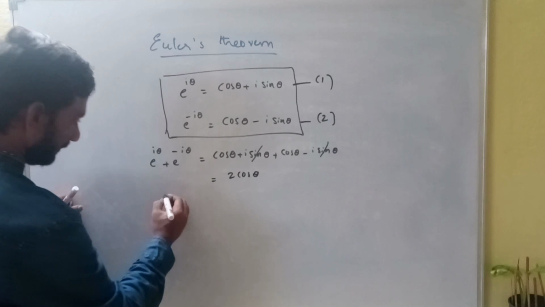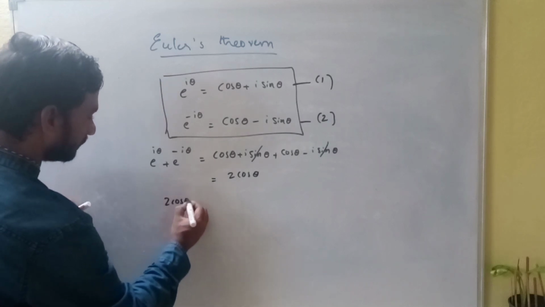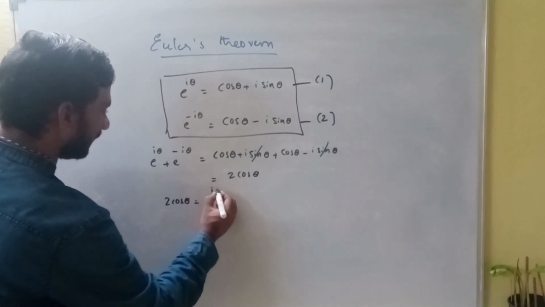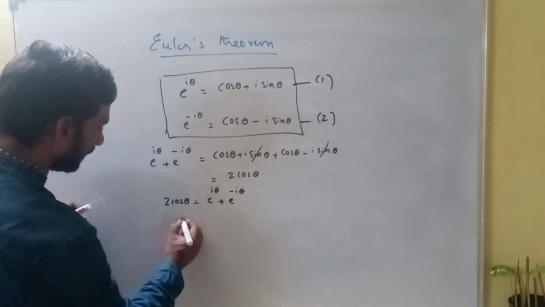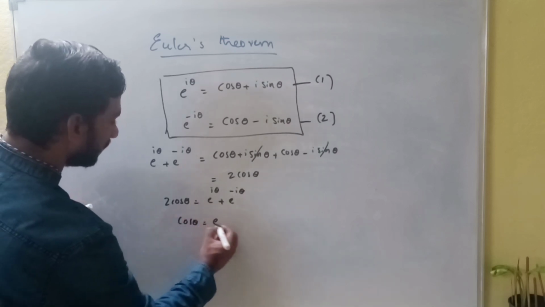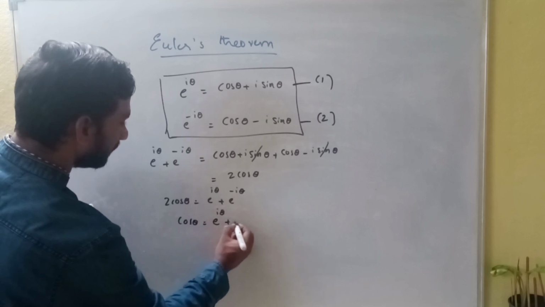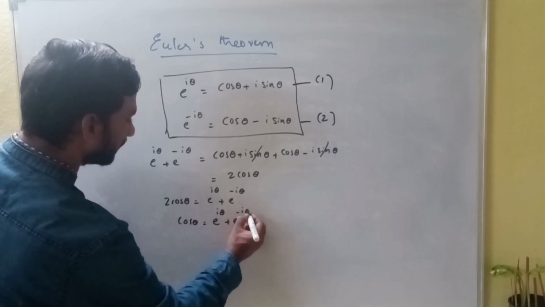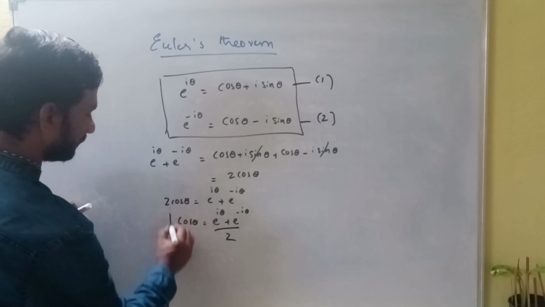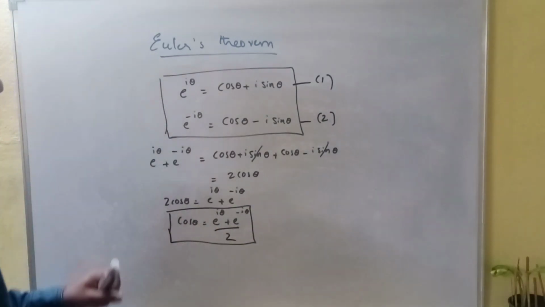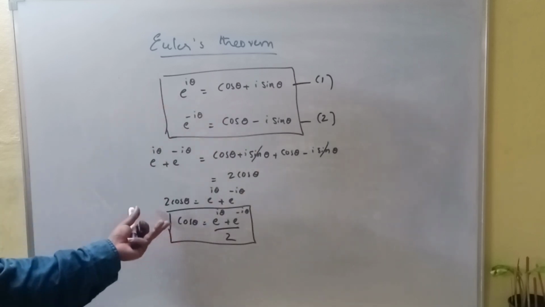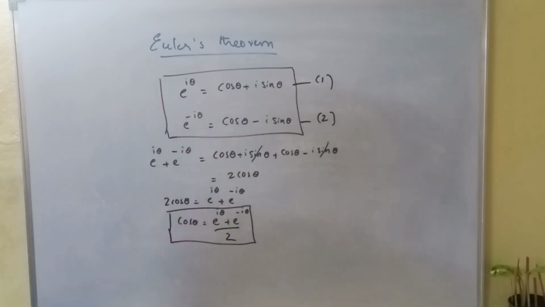That means 2 cos theta is equal to e power i theta plus e power minus i theta. Now cos theta is equal to e power i theta plus e power minus i theta by 2. So if a complex number is given in Euler's form, then we can write cos theta is equal to e power i theta plus e power minus i theta by 2.